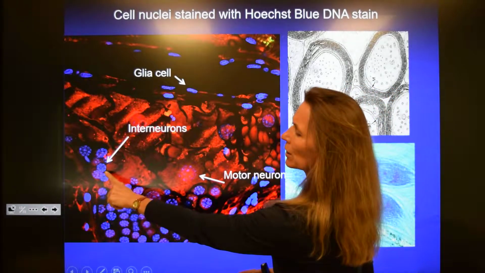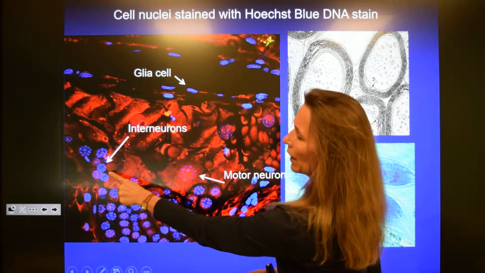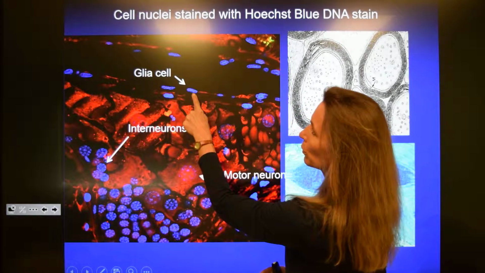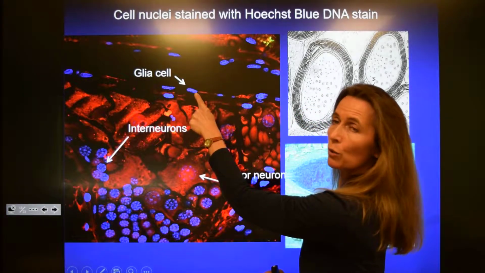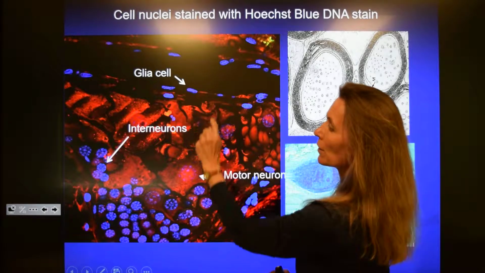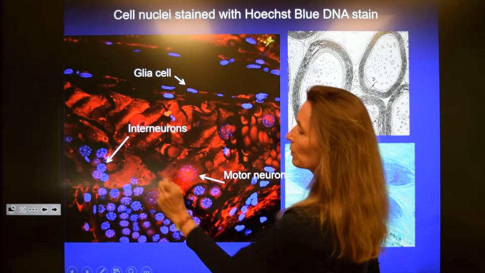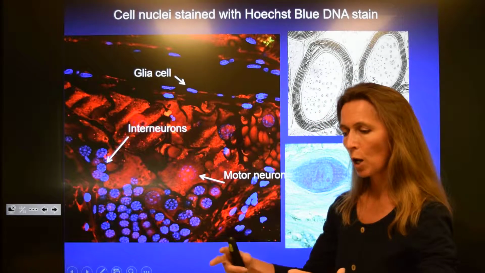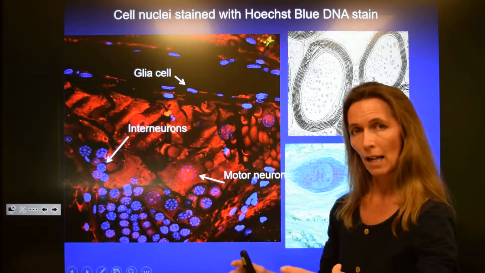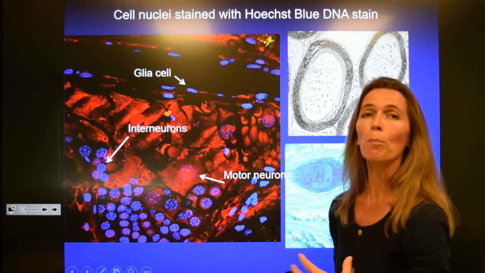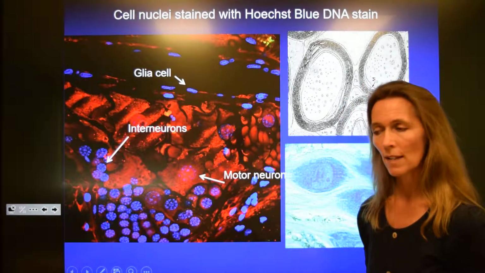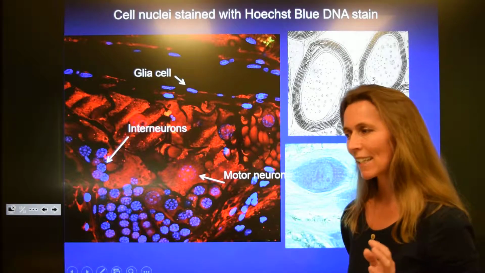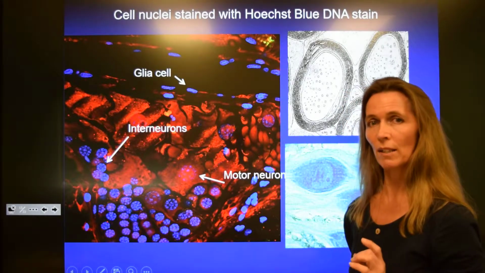Here are slightly smaller neurons, and here the nucleus is somewhat in between in brightness, between the little compacted nuclei in the glial cells and the nuclei in the large cells. So depending on how much space the nucleus has, that's how compacted it is. And this is particularly fascinating and interesting in sperm cells.